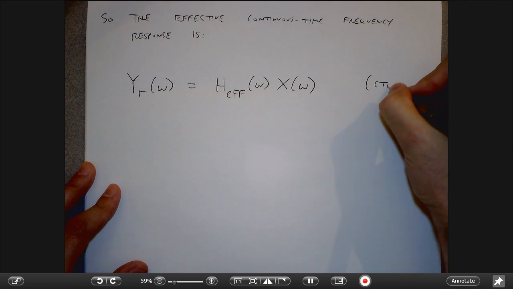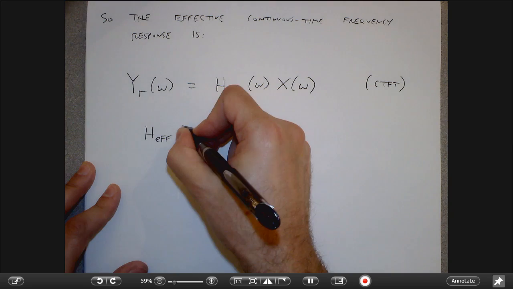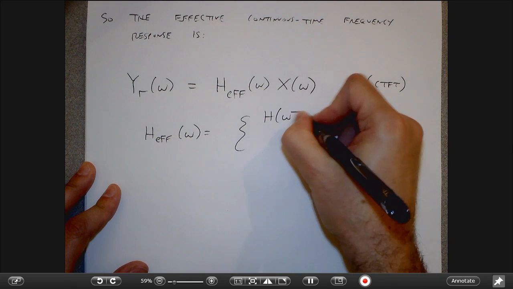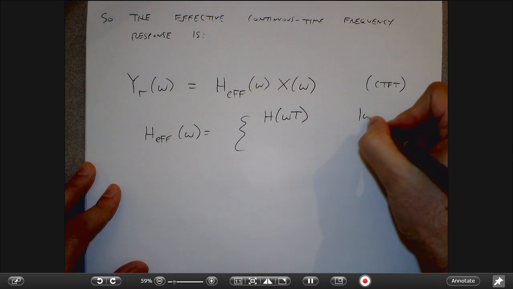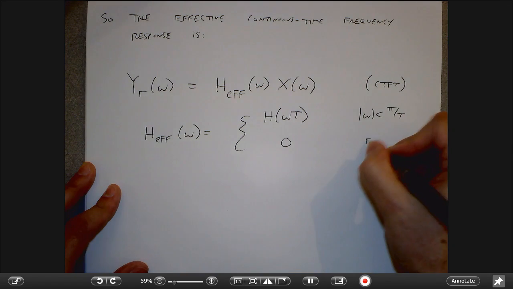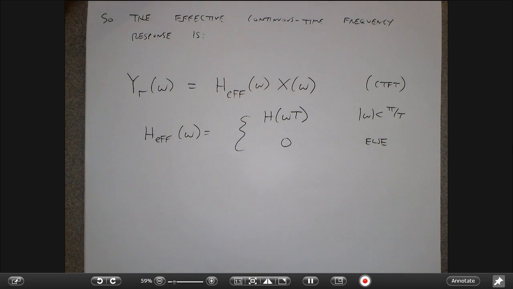These are all CTFTs. And my effective continuous time filter is just given by the discrete time filter scaled by a factor of T. Okay.